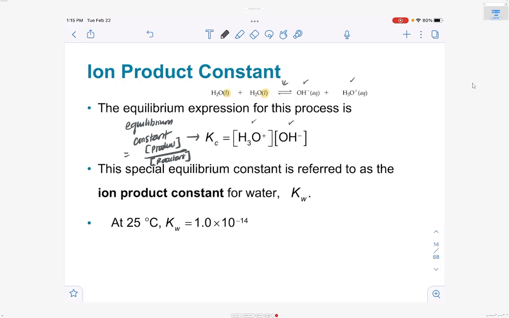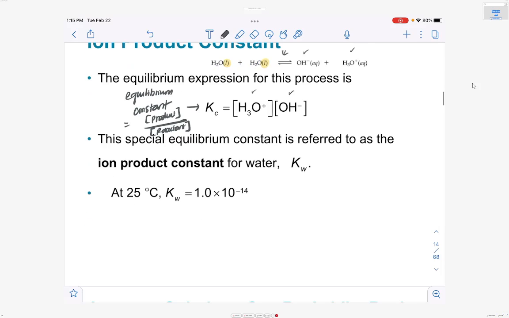This special equilibrium, which refers specifically to the auto-ionization of water, is denoted as Kw instead of Kc. W stands for water. This is the equilibrium constant for auto-ionization of water.